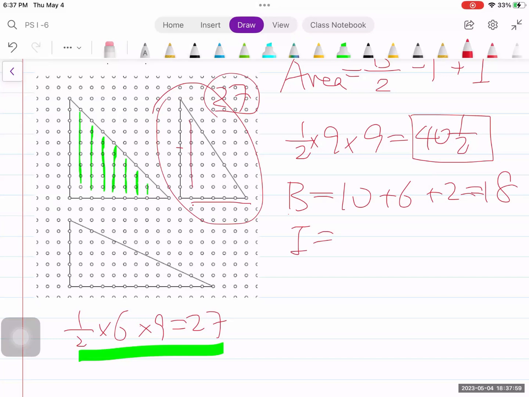This one is 7, right? 7 plus 5 plus 3 plus 1 equals 16. Plus 2 in there. Equals 18, I think. Okay. Yeah, I think it's 18, right? No, I think it's 16.